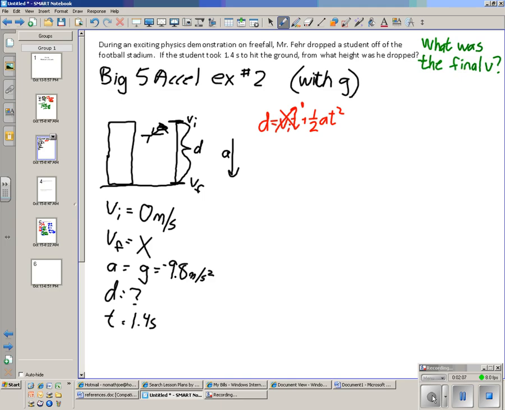That makes it simple. d equals 1/2 a t squared. Now I can simply plug in: d equals 1/2 times negative 9.8 meters per second squared, multiplied by 1.4 seconds, quantity squared.